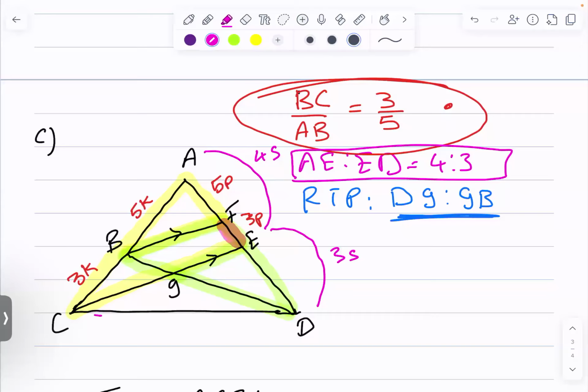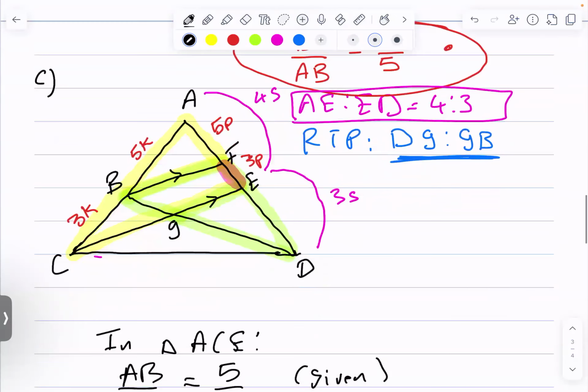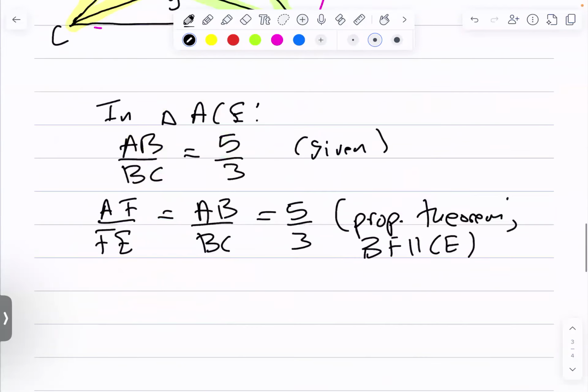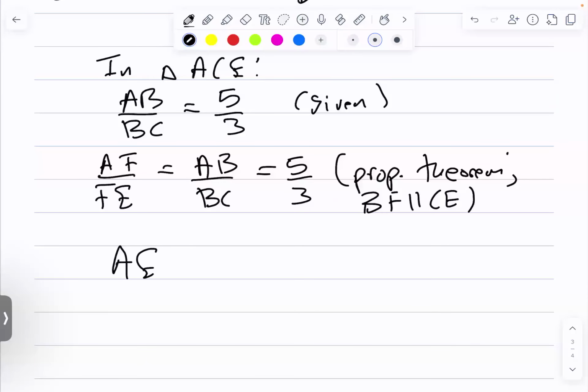Are you okay? Yes. So how do I proceed? We're going to say AE equals 4S. Maybe just to be fancy, we're going to say given.